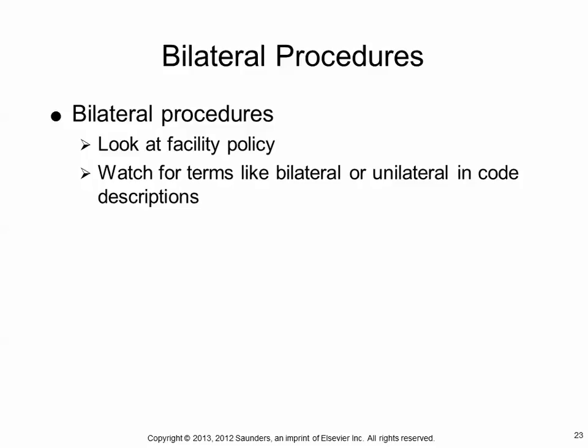You'll see this a lot with hernias, lots and lots, particularly with inguinal hernias. In fact, in your book on page 131, one of your examples is open repair of bilateral direct and indirect inguinal hernia with synthetic prosthesis.